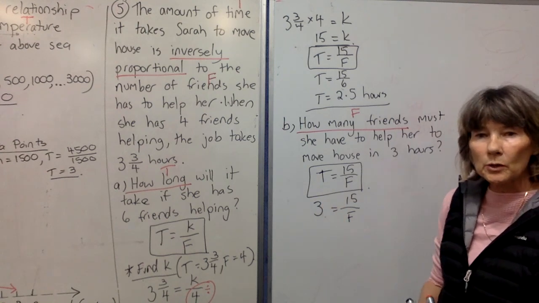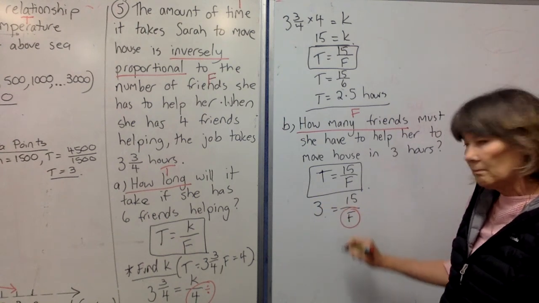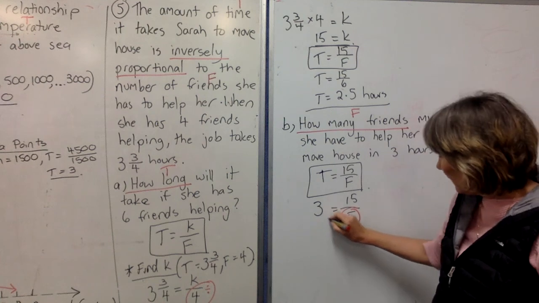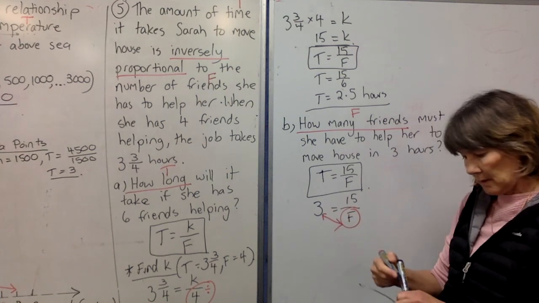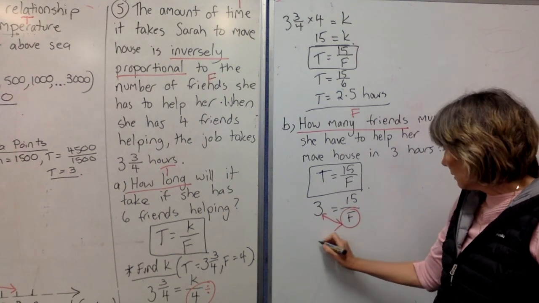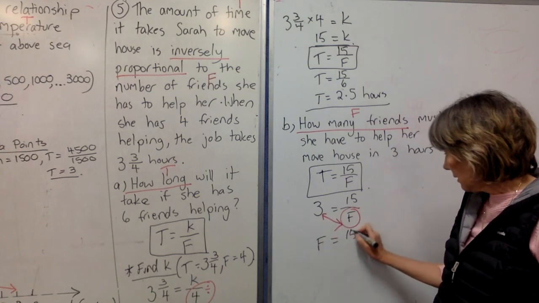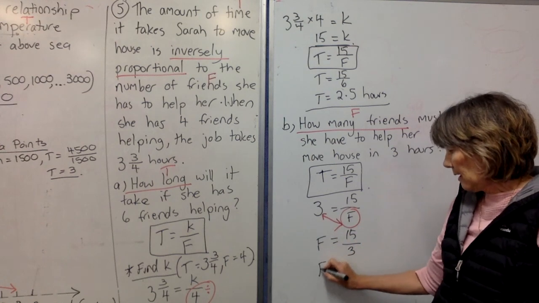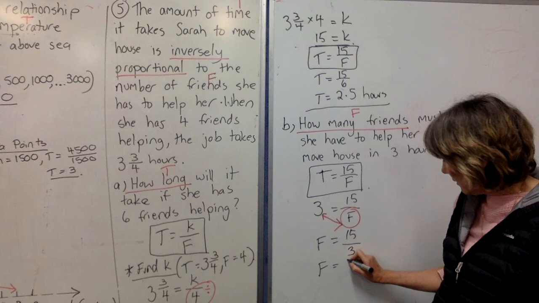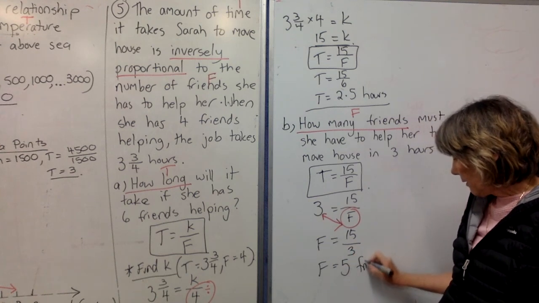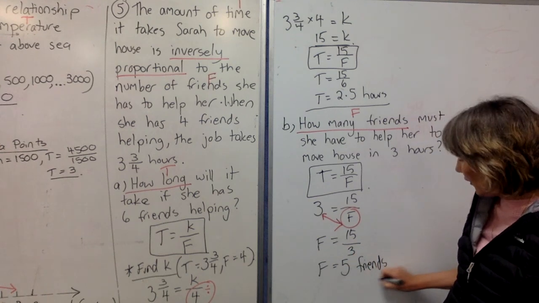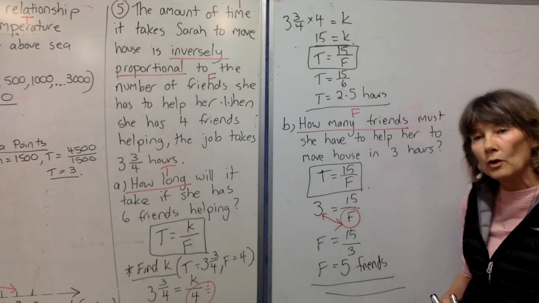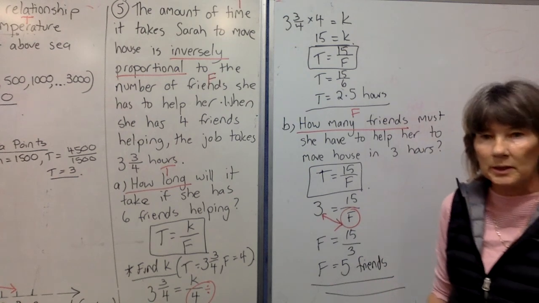All right, what do we do when that letter's on the bottom? We swap it with what's over here. So swap positions. F is now here, 3 is now here, and use your calculator to work that out. You're going to get 5. So it's going to be 5 friends that are needed to get you moving in 3 hours.